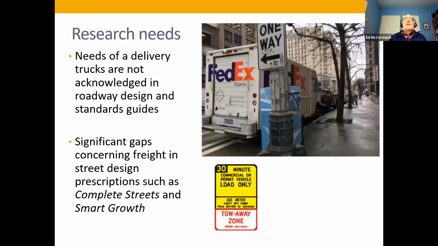So the other thing, as I mentioned up front, is that if you're putting in a disabled parking spot, there's lots of great information in roadway design and standards guides, but there isn't much in the same design guides for commercial vehicle load zones. So there's really significant gaps concerning freight and street design prescriptions.